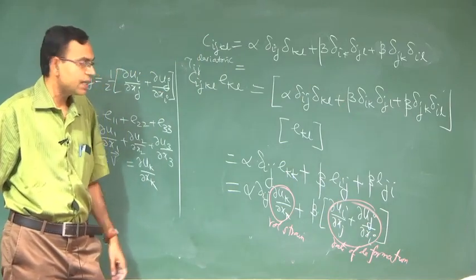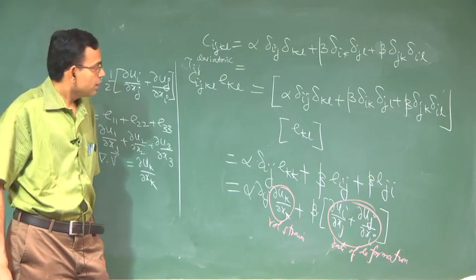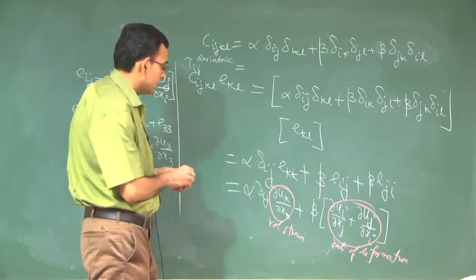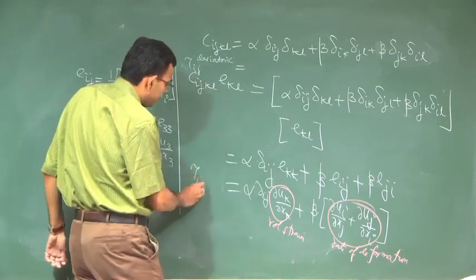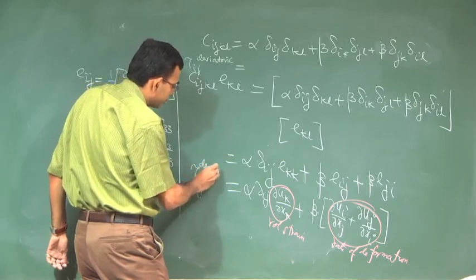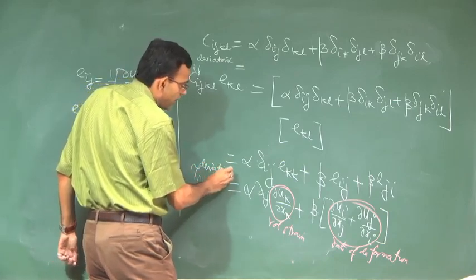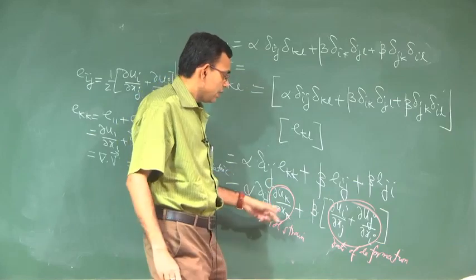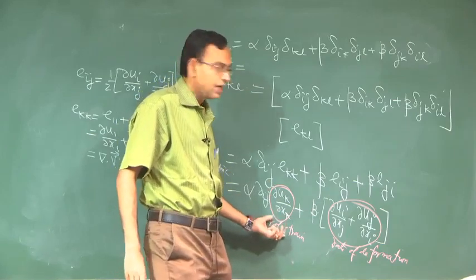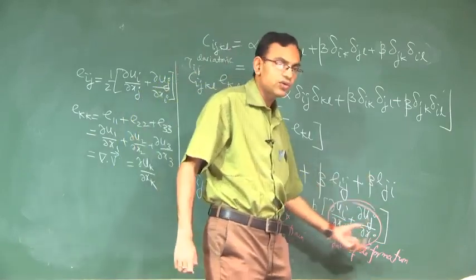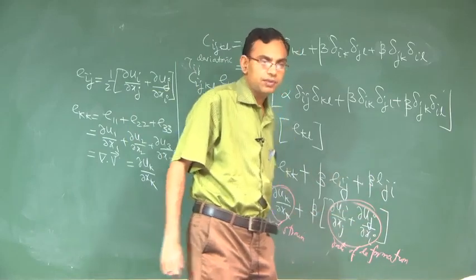So, it is better to say rate of deformation. So, you have tau ij deviatoric, one component related to the volumetric deformation, another component related to the linear or angular deformation.